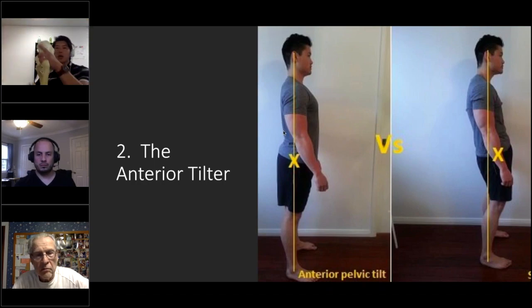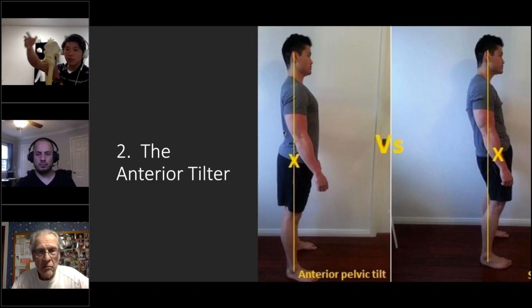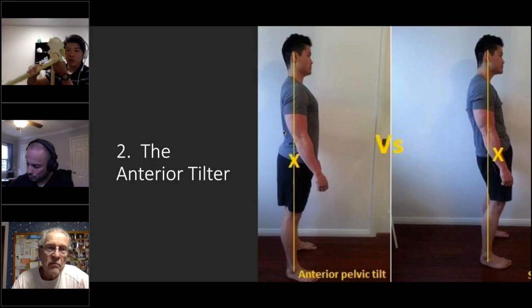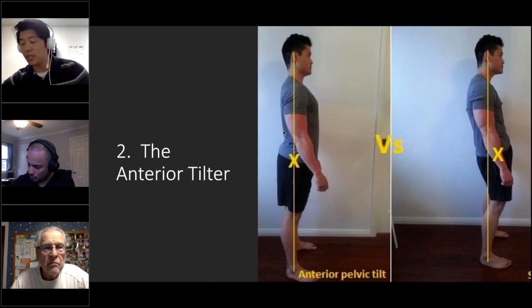Basically, if you can see my screen here, this is the pelvis right here, this is the front, this is the back, and the pelvis just tilts forward a little bit. When the pelvis tilts forward, the space here gets decreased. So when you try to lift your leg up, there's less space in your hips, and that can create issues in the hip joint area.